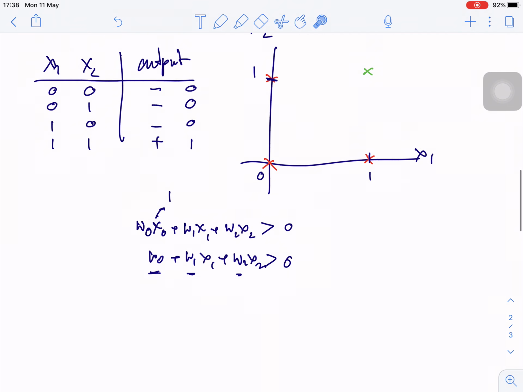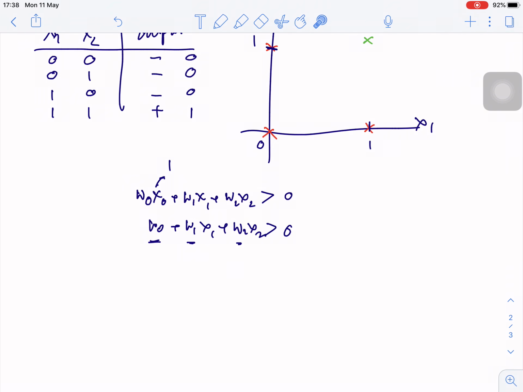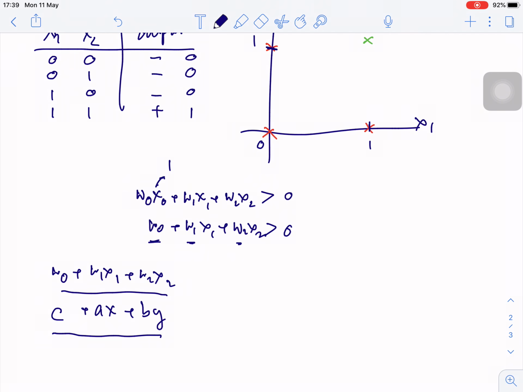So guys, I think that you can compare this equation W0 plus W1 x1 plus W2 x2 as the same as the way that you did with ax plus by plus c. Is the same. Do you recognize something? Yes, actually. This one, if you change x1 and x2 to be the space of x and y, this is the linear equation, right?